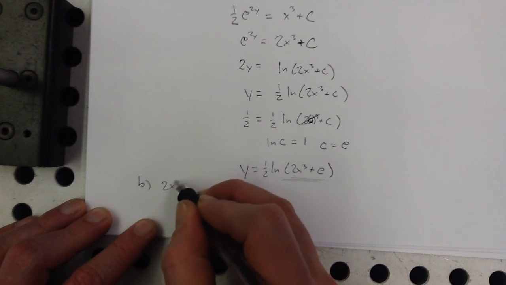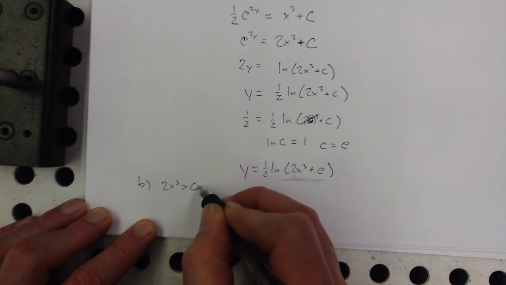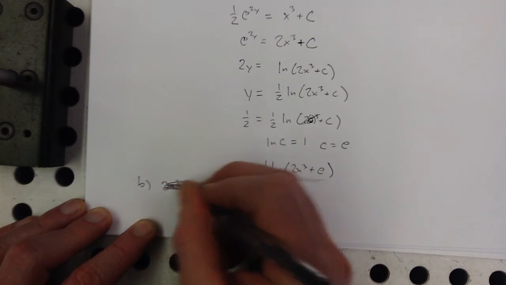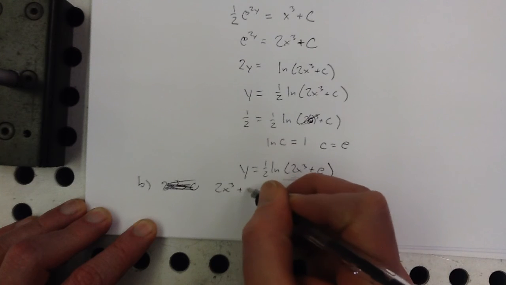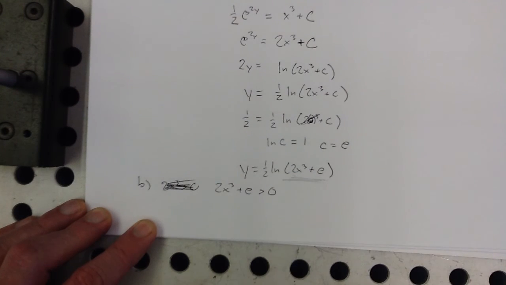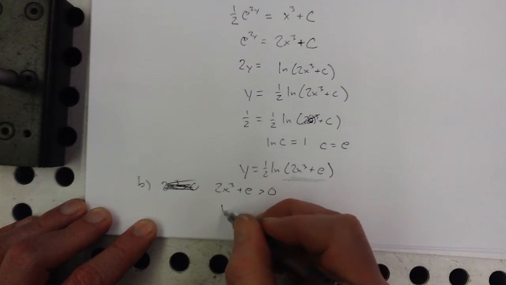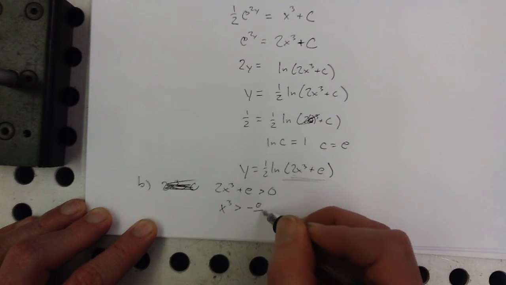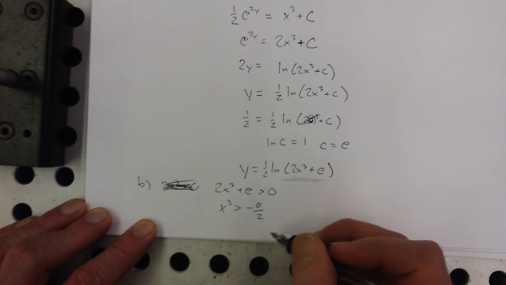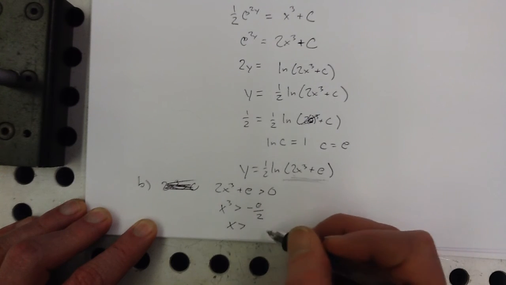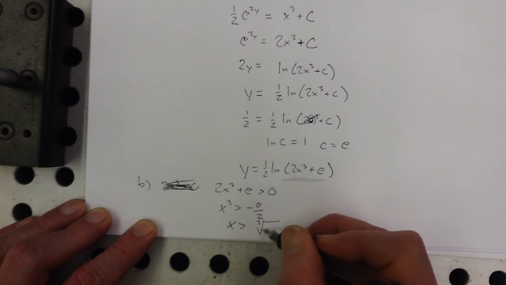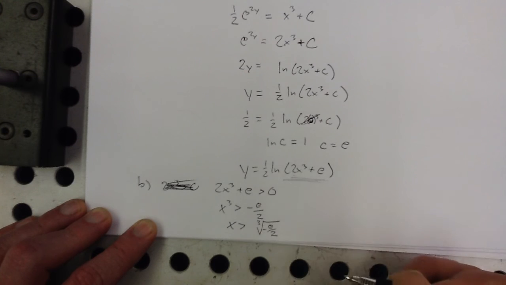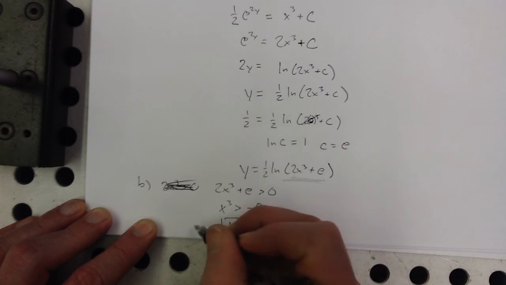I need 2x cubed plus e to be greater than 0. So that means x cubed must be greater than negative e over 2, and x must be greater than the cube root of negative e over 2. That's the domain.